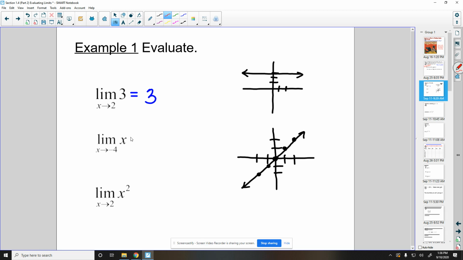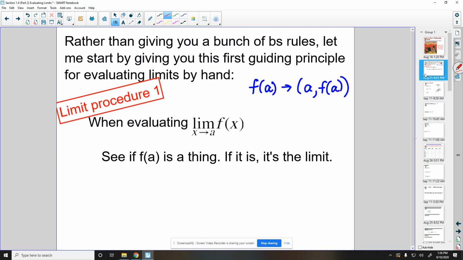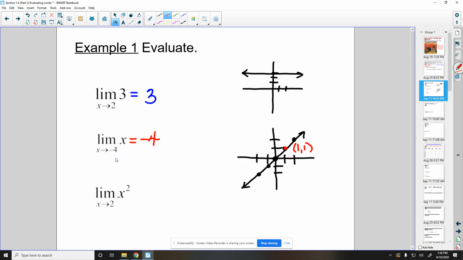So if I say what's the limit of x as x approaches -4, I know that the answer is going to be -4. I know that in two ways, okay? I know that because the x and y values are always identical on the identity function. But I also can use limit procedure 1, which says if f of a is a thing, find it and it's the limit, okay?